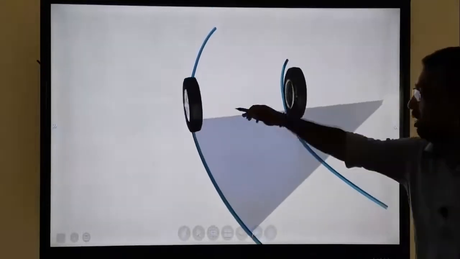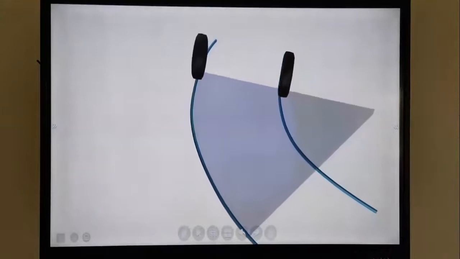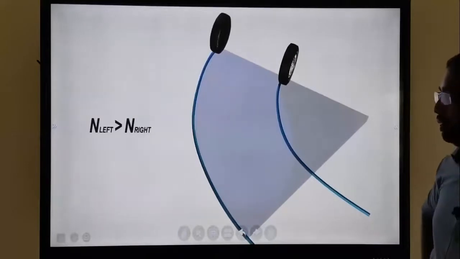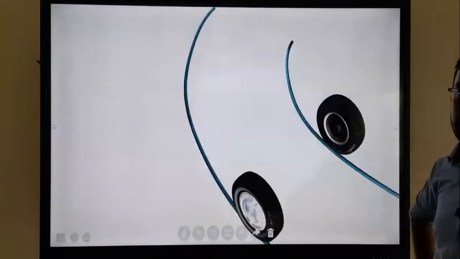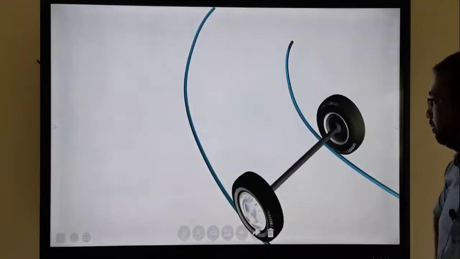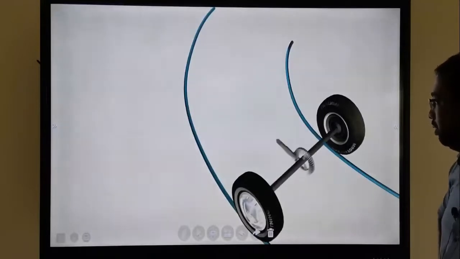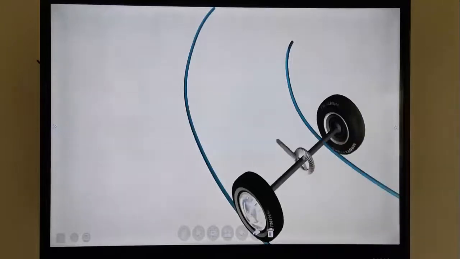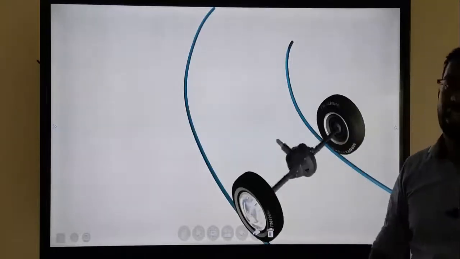So this wheel speed is high to maintain this track, and the speed of the left is higher than the right. So this differential separates these drive lines and allows the left wheel to have a higher speed.